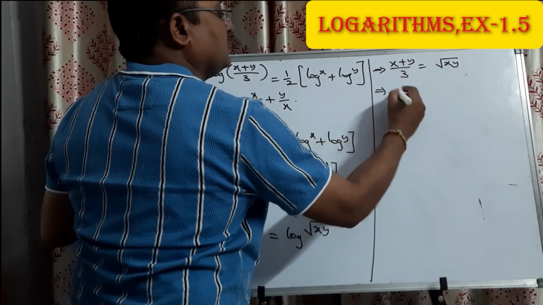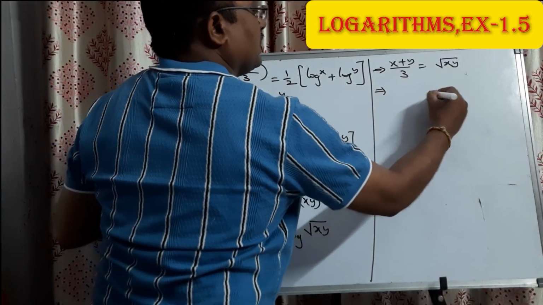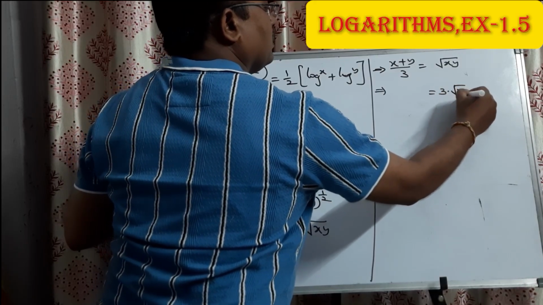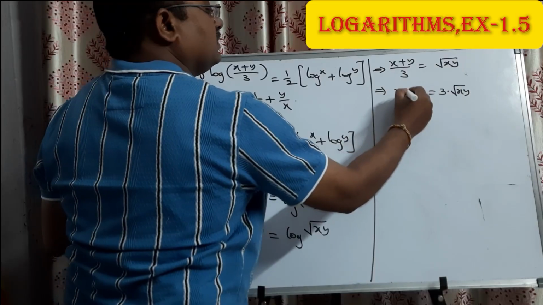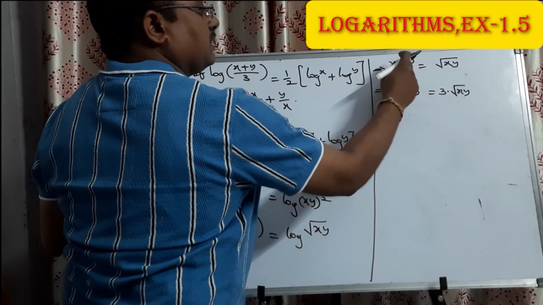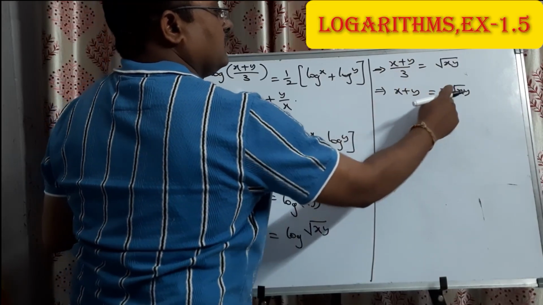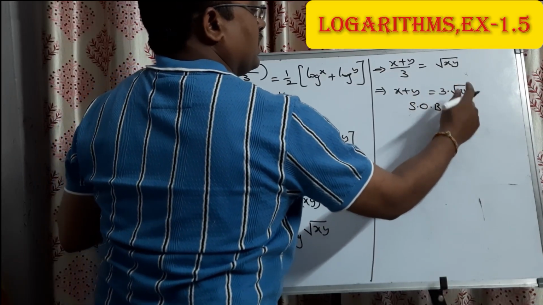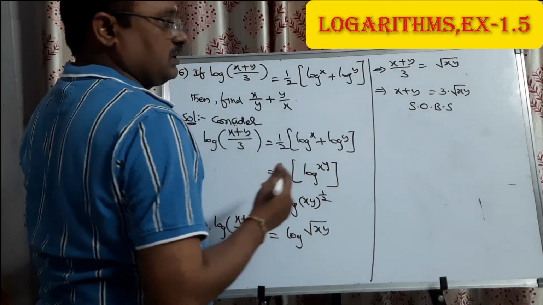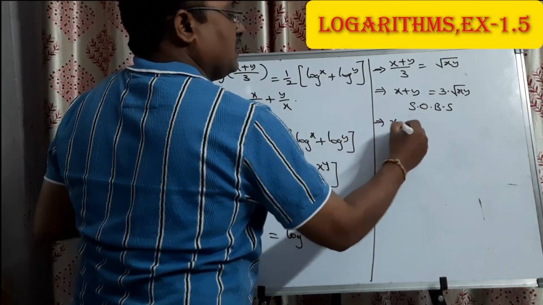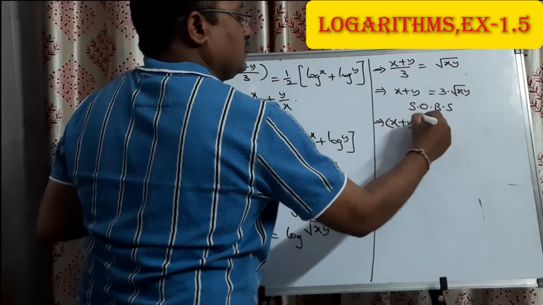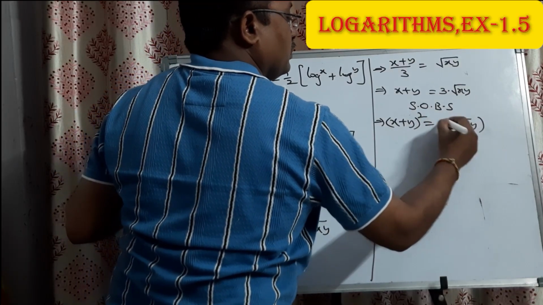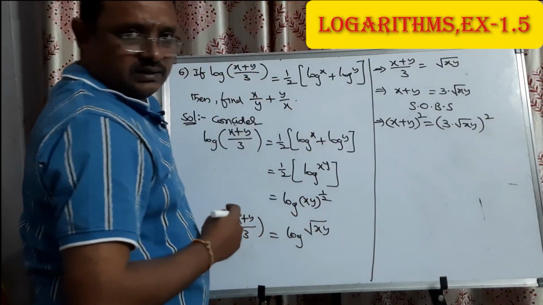Sending the division by 3 to the other side, it will multiply. So x plus y is equal to 3 into root xy. Now square on both sides, because on the right side we have a square root. That implies (x plus y) whole square is equal to (3 into root xy) whole square.